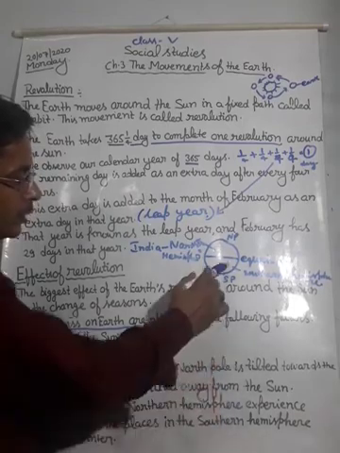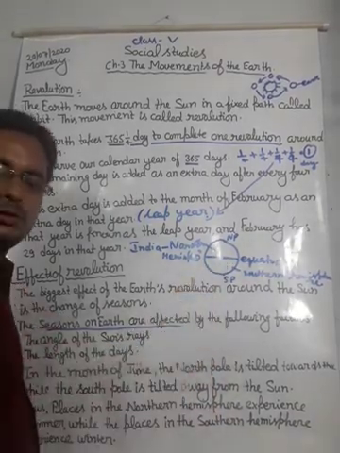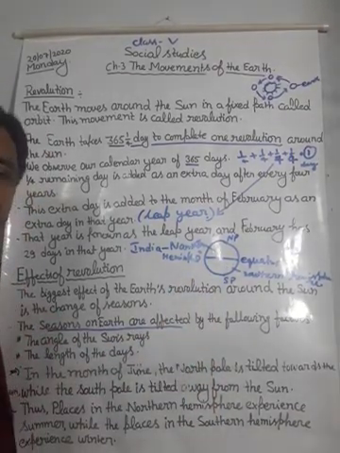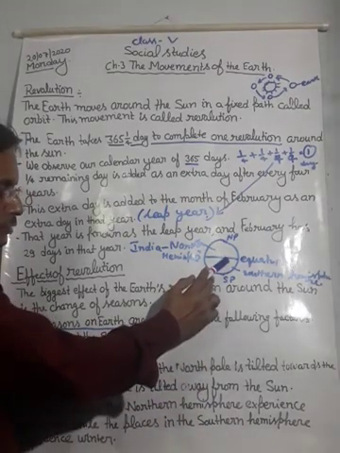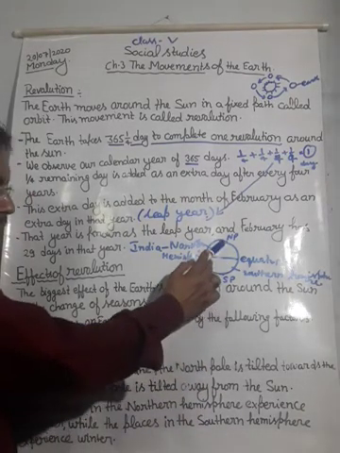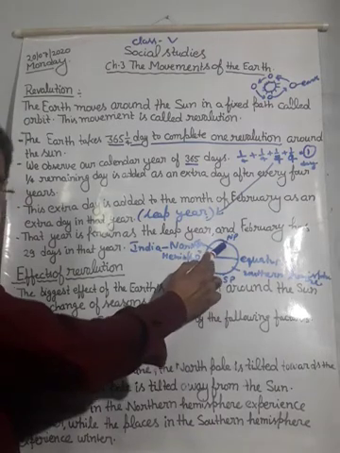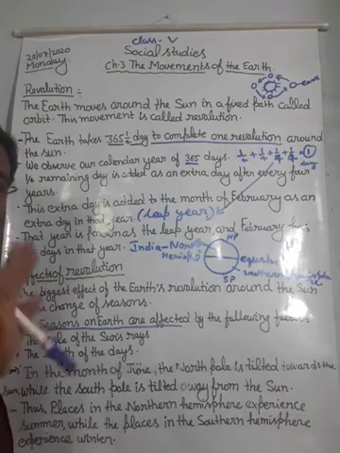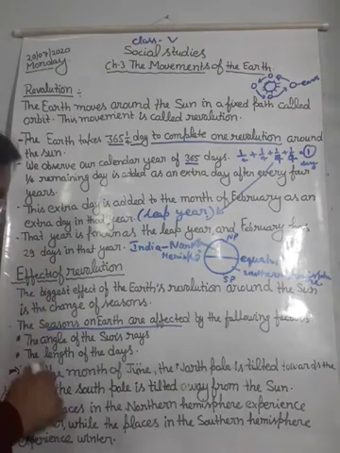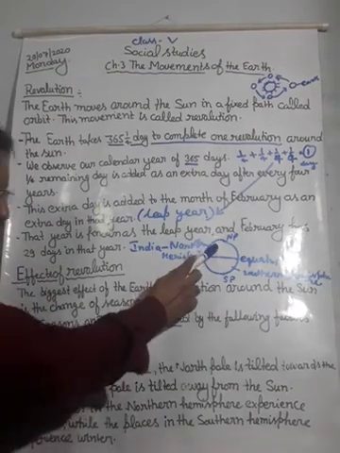So here the day will be shorter and the night will be longer in the southern hemisphere. At the same time, days will be longer and nights will be shorter in the northern hemisphere. It is the condition of June.